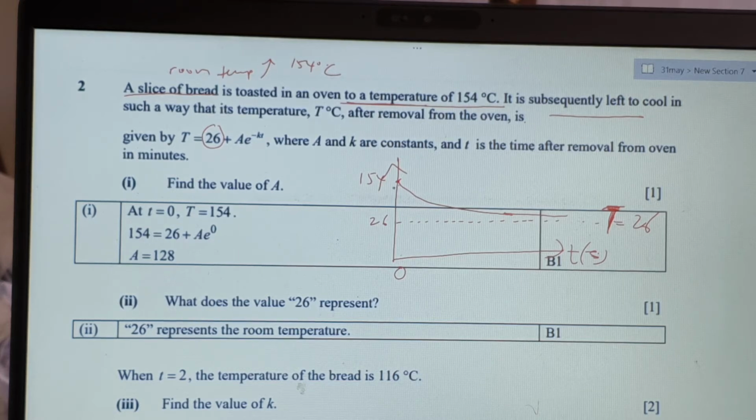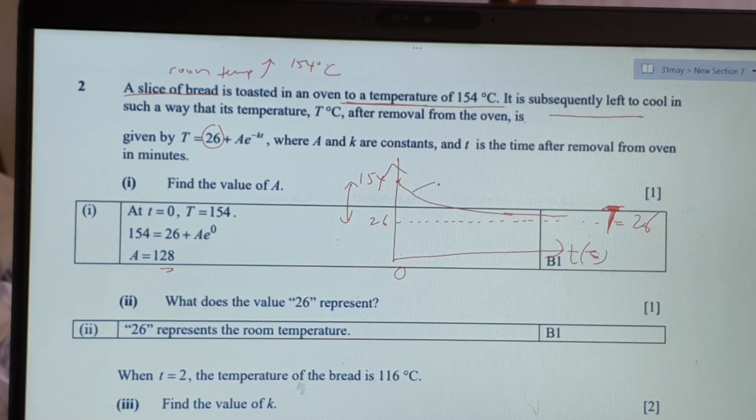Okay? So, actually just using your common sense, can you see this here must be this here? This A, right? Must be 128 here. Okay, but never mind, I show you later.